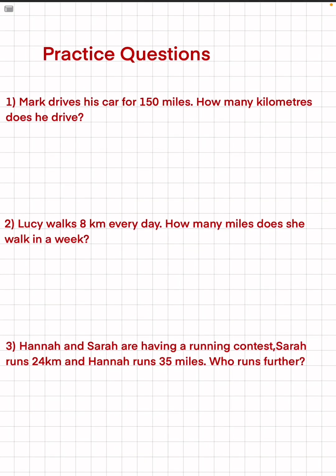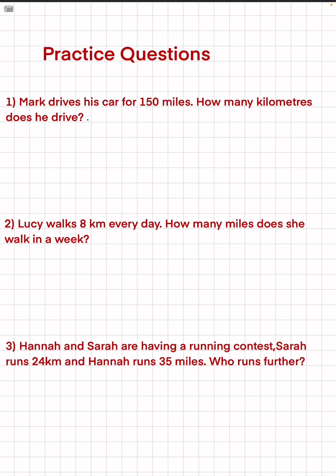Here are some practice questions for you to try. Press pause and have a go at them, and when you're ready for the answers, press play. The first question says Mark drives his car for 150 miles. How many kilometers does he drive?